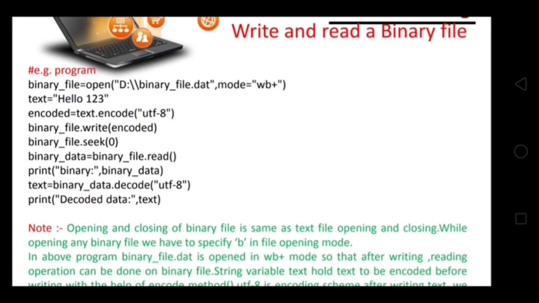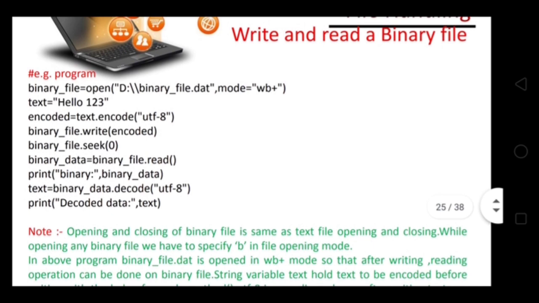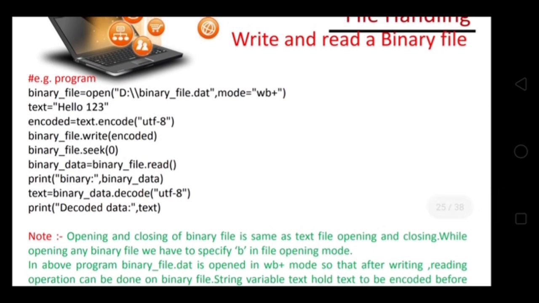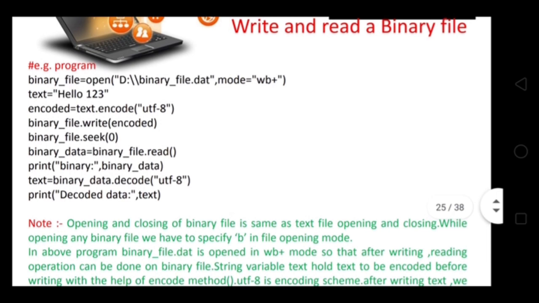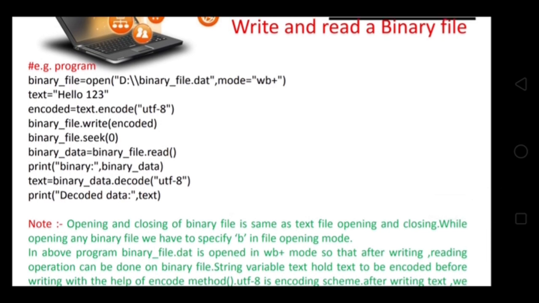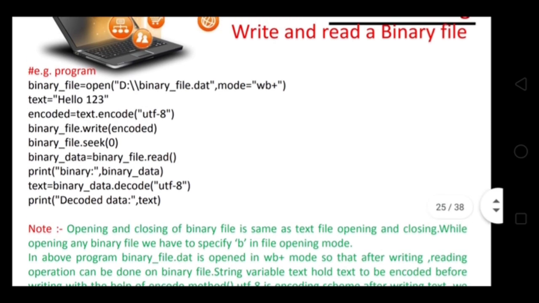And then we have a mode. Whenever we are opening a binary file, we need to mention B with either R or W. You all know that R and W are read and write operations, and when we specify B along with them, it means we are opening the file in binary mode.